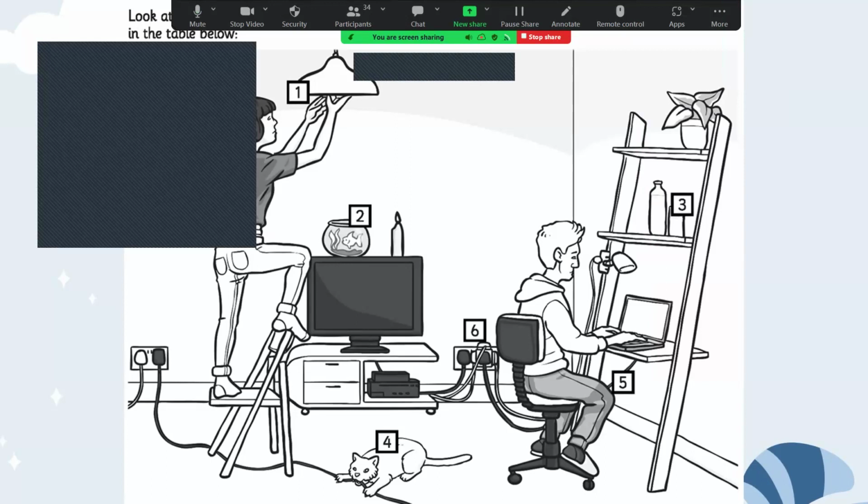They may create a spark and make a fire. Yes, number 6 is dangerous because there are so many plugs in this socket. This will cause overheating and a fire may come out due to the heat.